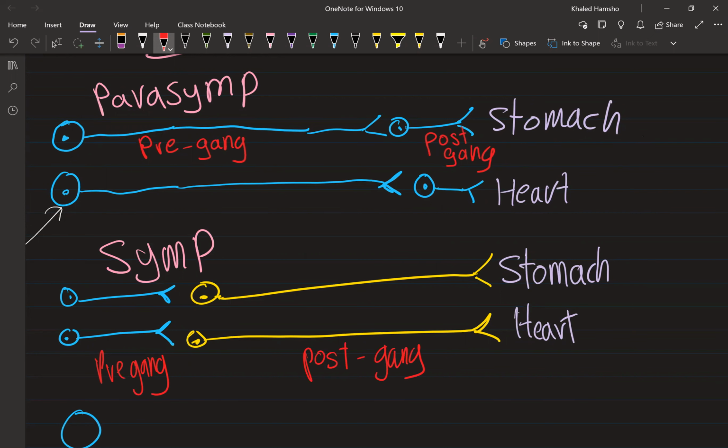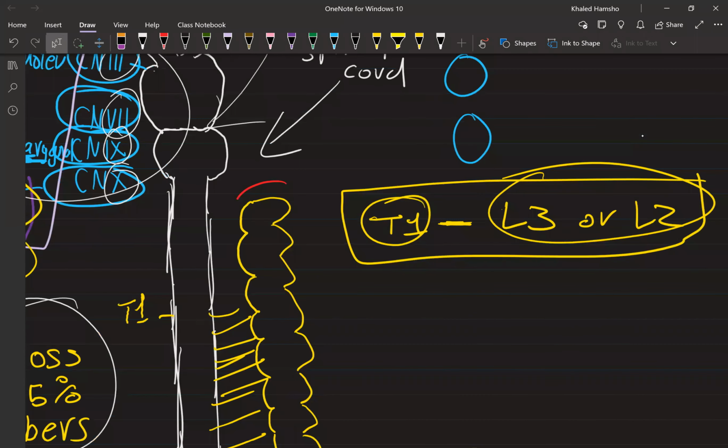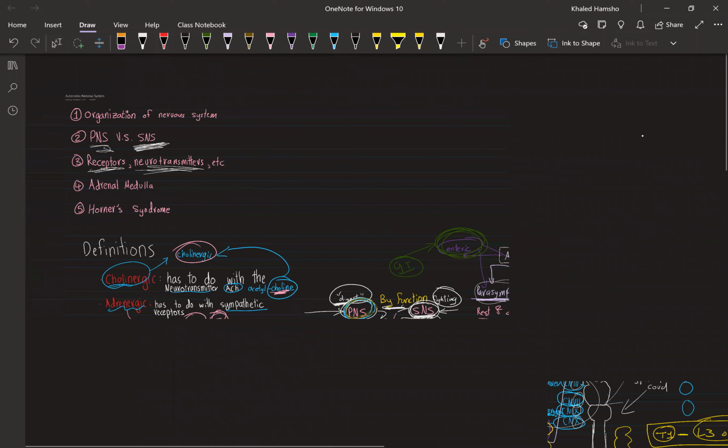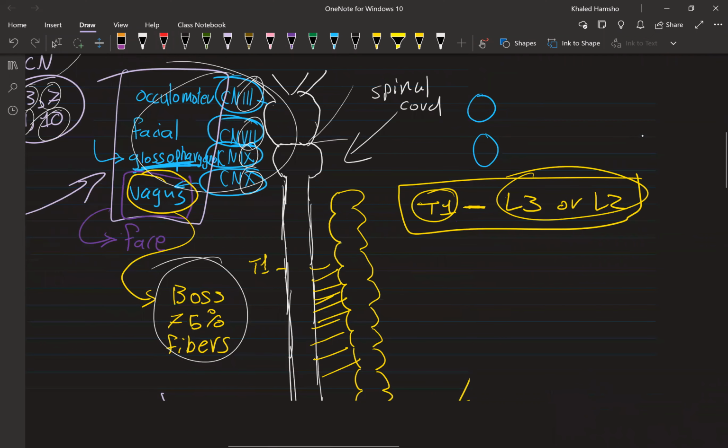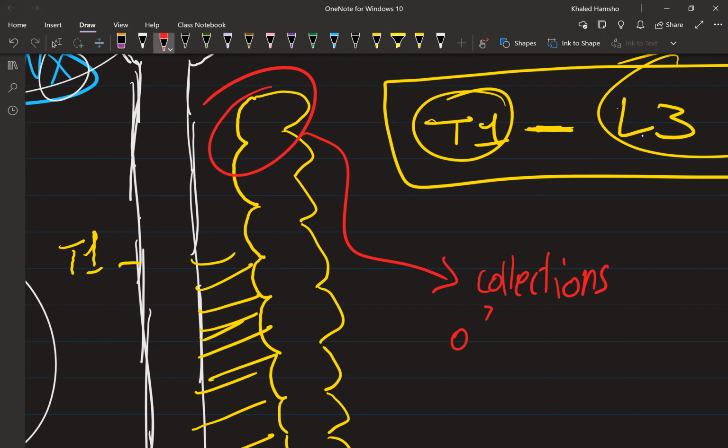If you remember from the anatomy lecture, these are ganglia. Ganglia, if you remember from foundation, are collections of cell bodies of neurons.